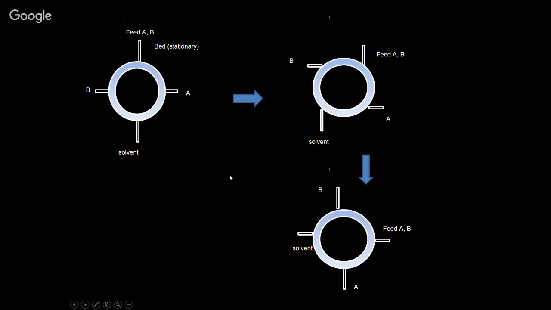So the simulated moving bed has many advantages over the traditional conventional approach, and I'm sure in the near future we will be replacing the conventional chromatography. Another advantage is, unlike in the linear, where you do not use most of the column packing, here you will be using the column packing very efficiently.